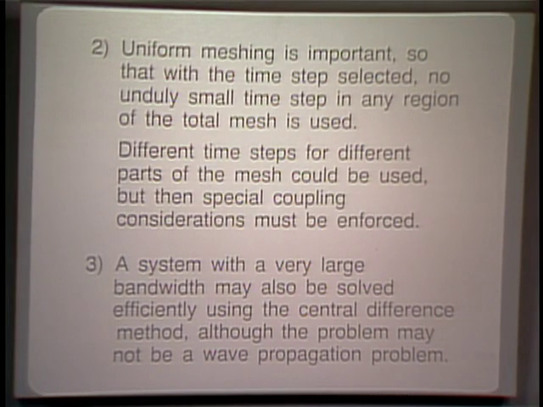We may also want to note that a system with a very large bandwidth can be solved frequently quite efficiently with the central difference method, although the problem may not be a wave propagation problem. The reason for this fact is that in the explicit time integration, you do not set up a K matrix, and therefore the large bandwidth that you would see in the K matrix is not really a hindrance.